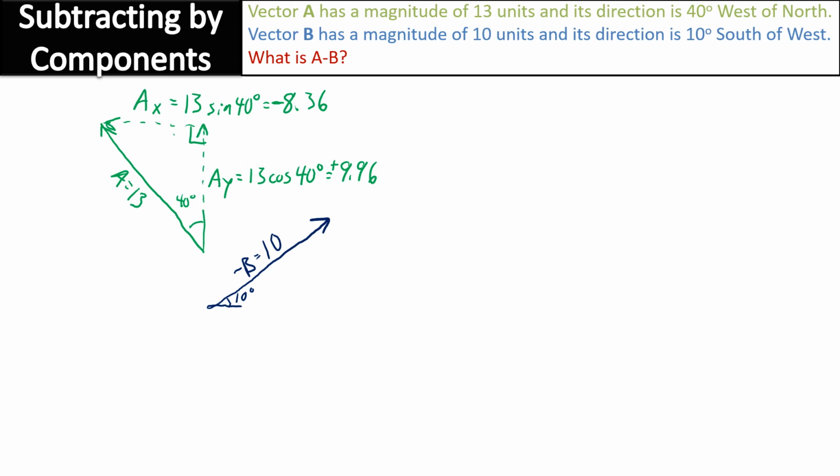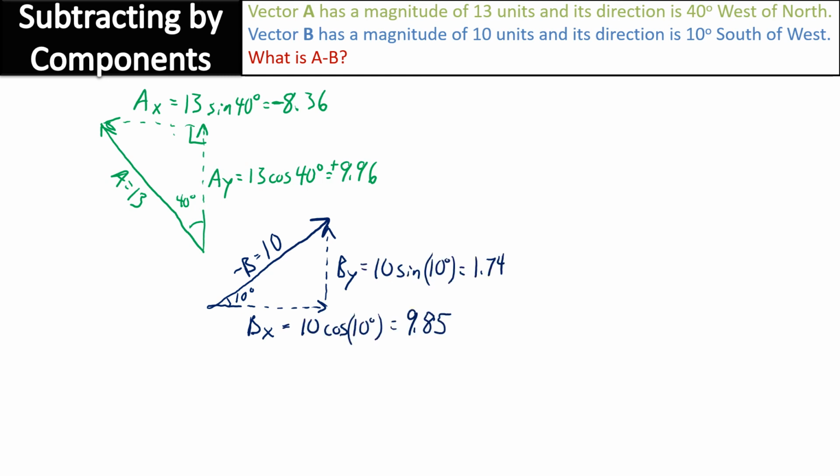I'll break B into its components. And in this case, it's business as usual because the X is adjacent to the angle that they named. So we could just do BX is equal to B cosine theta and BY is equal to B sine theta. And at this point, I always check, are they positive or negative? BX is pointing to the right, so it's positive. BY is pointing up, so that is positive as well.